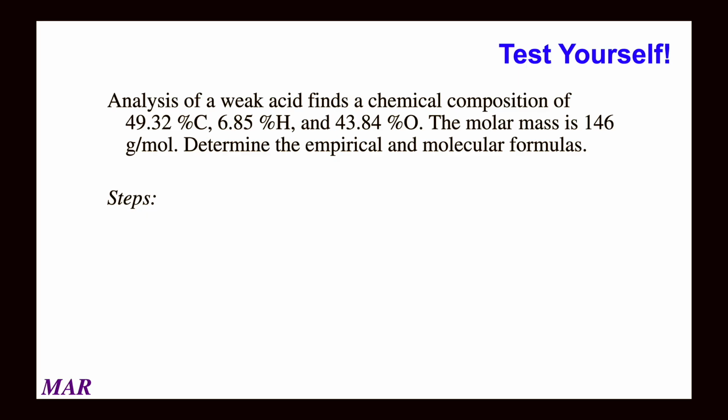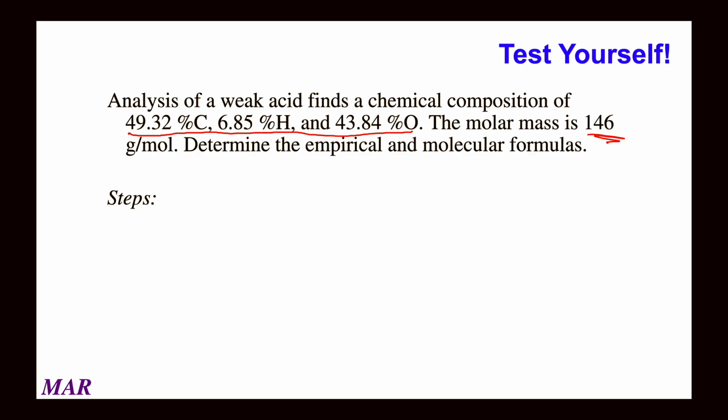Here's an example of a problem you might see. And this is the whole shebang for this chapter. We're given the percentages by mass in the compound, and we're given a molar mass for the compound. What we want to do here is find both the empirical and the molecular formula for this compound.